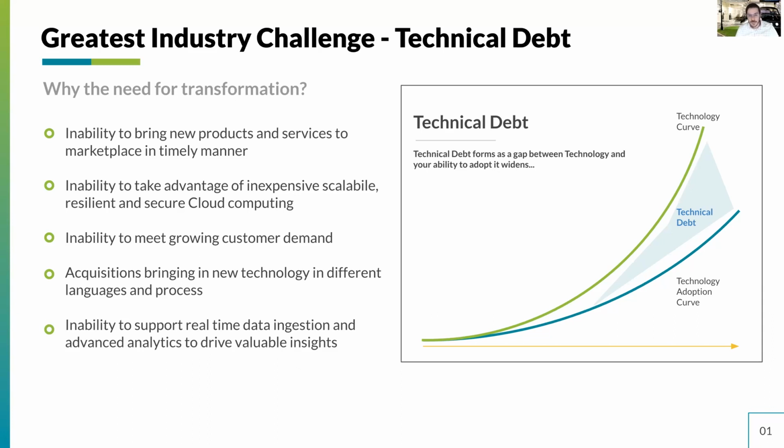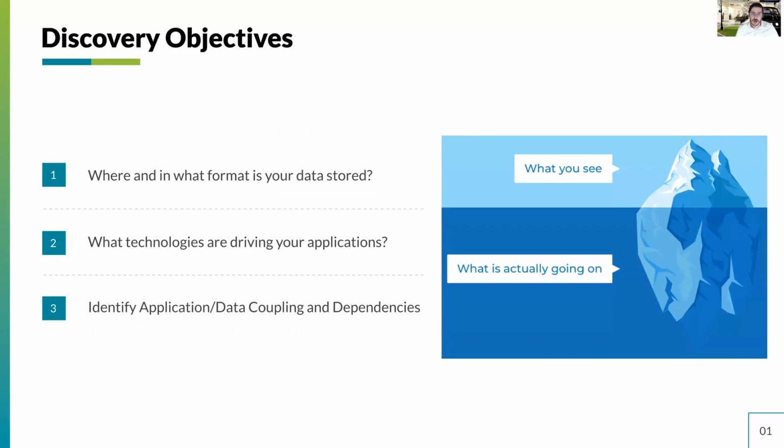So when we do our discovery here, we really want to focus on 3 main things. We want to know where our data is, where it's stored, how we can figure out some of that TCO, total cost of ownership, so that we can justify it and come up with an ROI for moving to the cloud, because it's not free to do all this stuff.